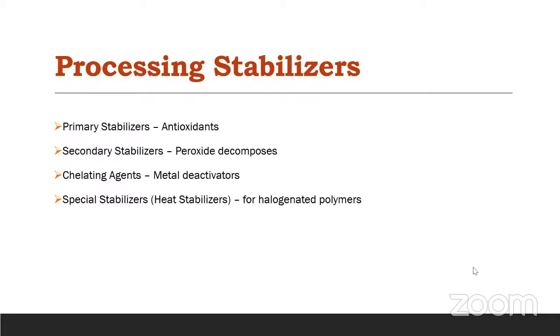If you see the primary stabilizers, they stop the free radicals which are formed by heat and oxygen.